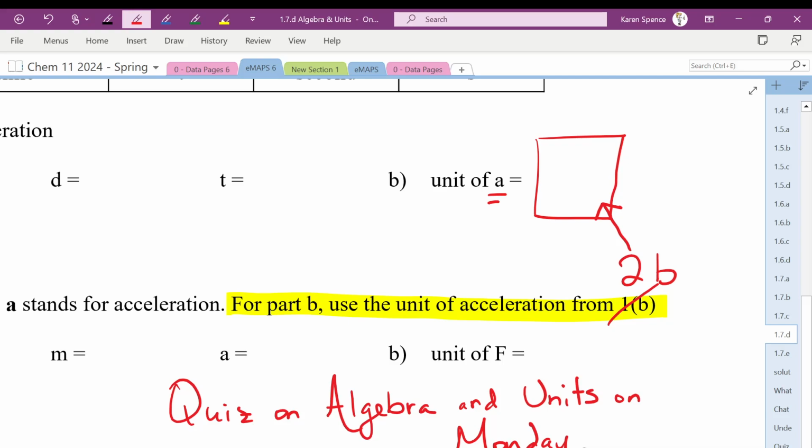So the unit of acceleration is meters per second. Okay, and that's the measure, and A multiplied by A.